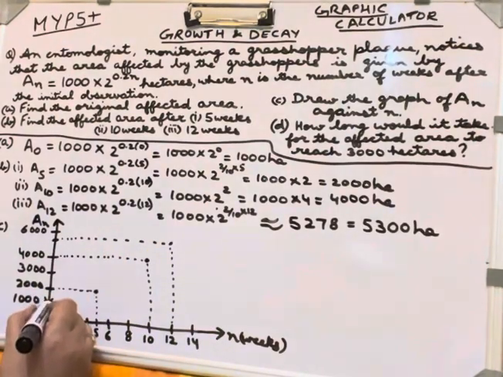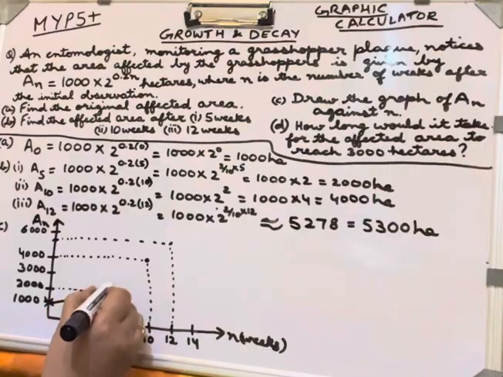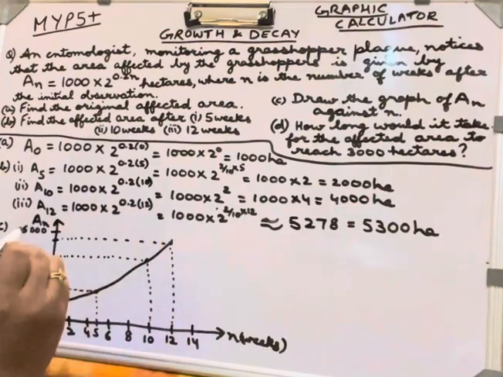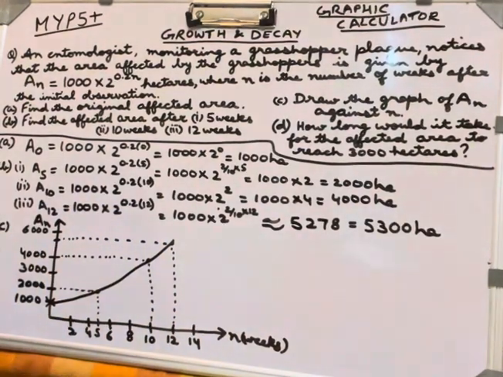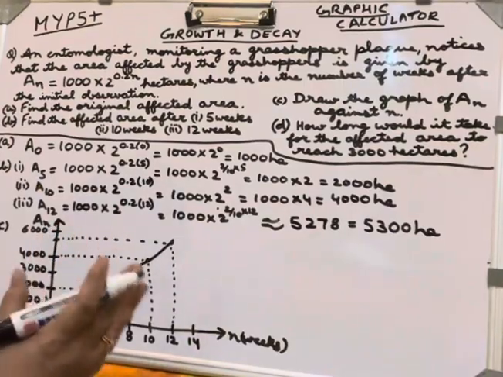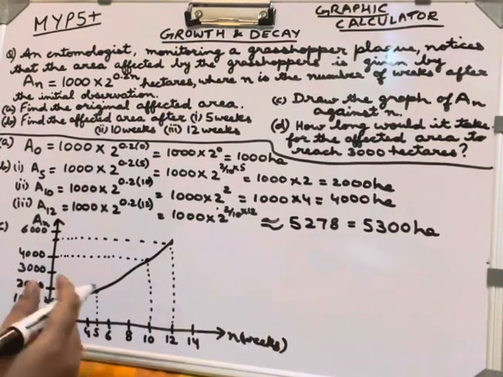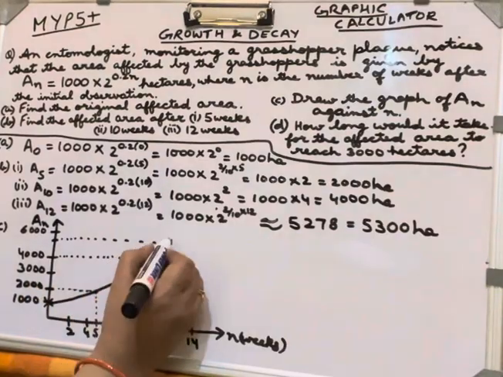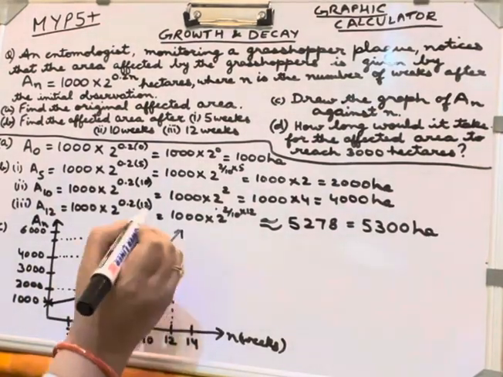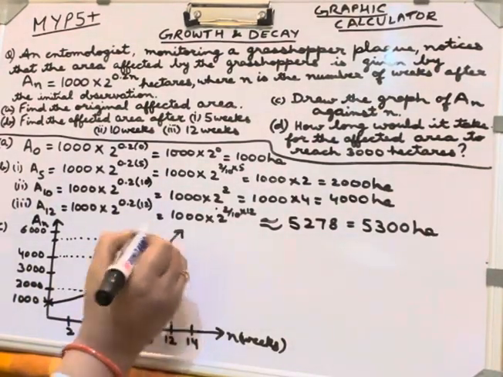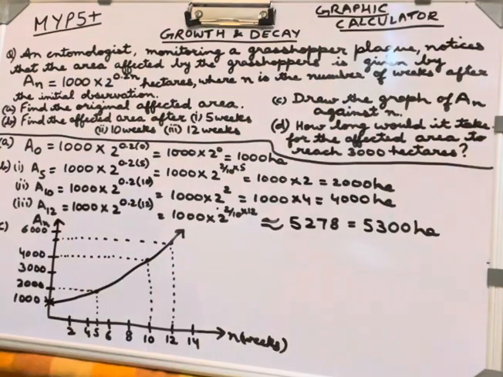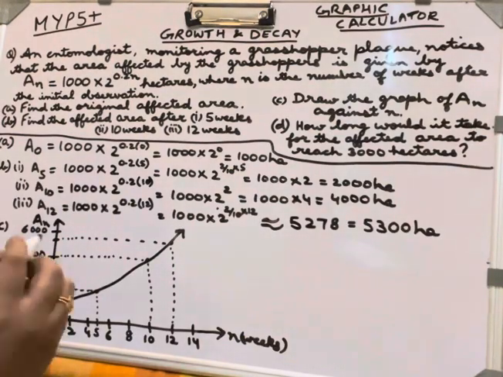Now I will draw a curve. But please note that we are drawing this graph manually; using the graphic calculator, you put down the values and the graph is generated. Now I will label the coordinates.